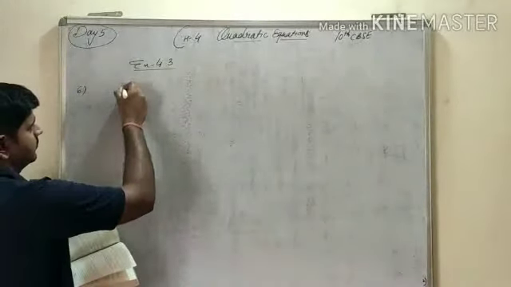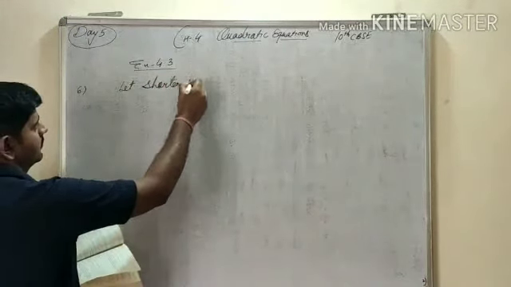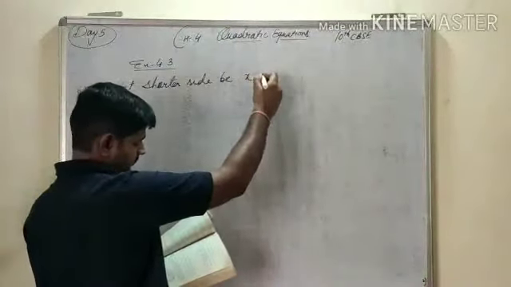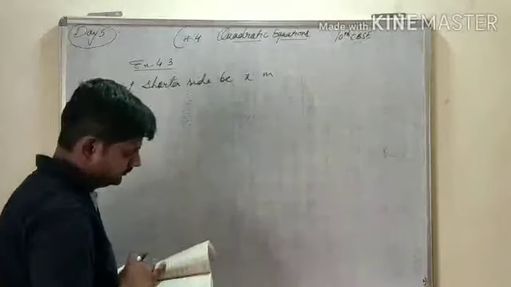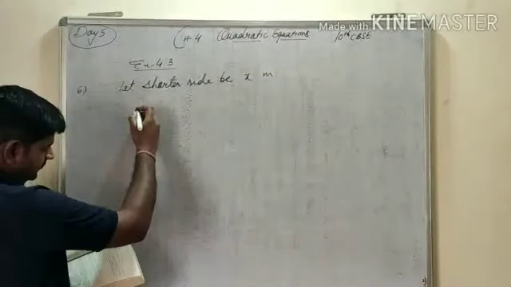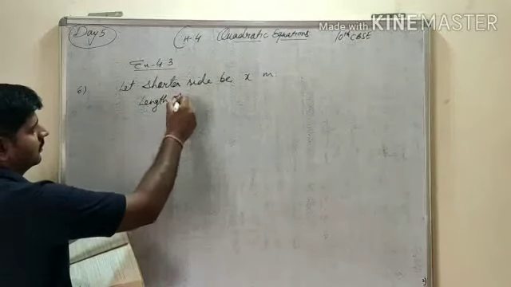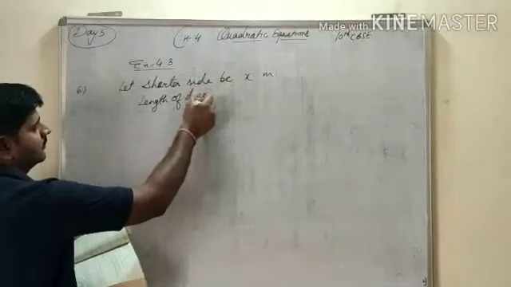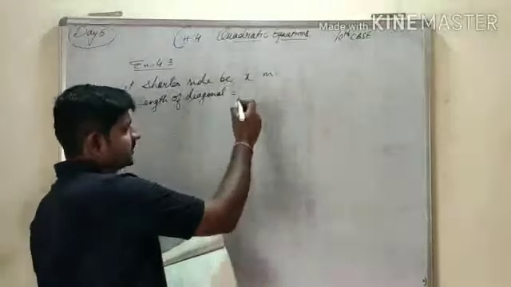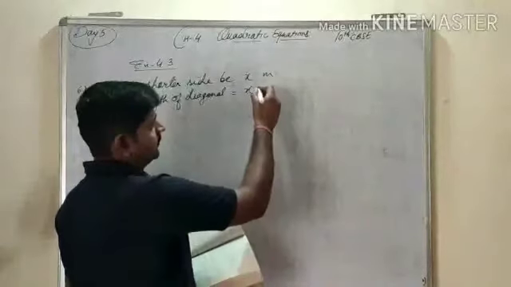So let the shorter side be x meter. So the length of the diagonal is x plus 60, because it is written 60 meter more than the shorter side.